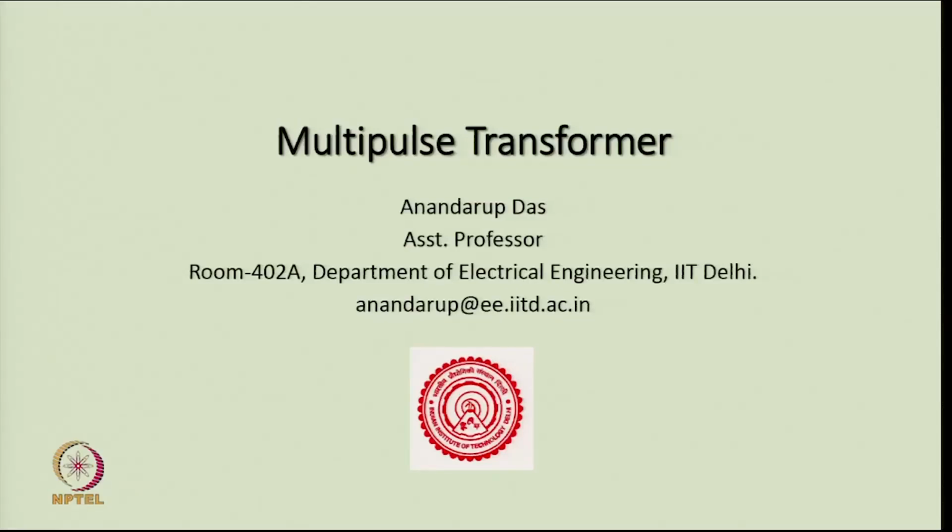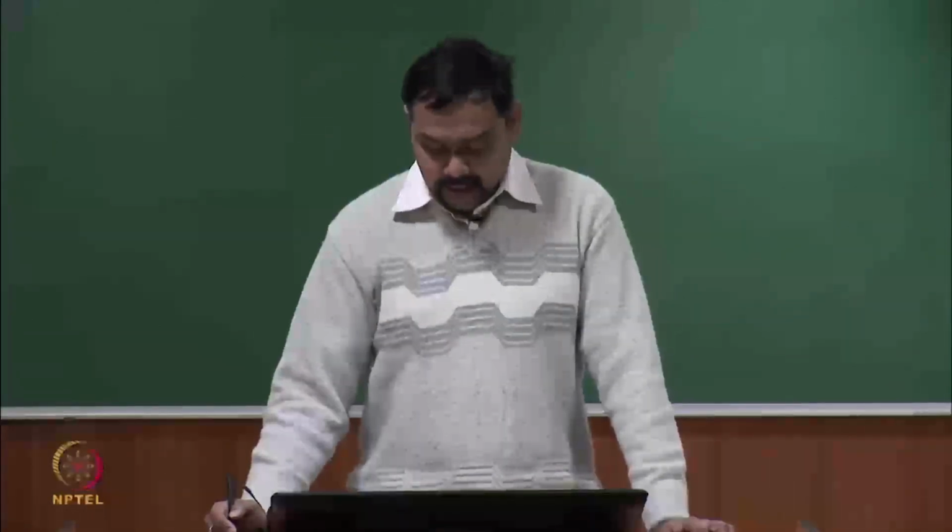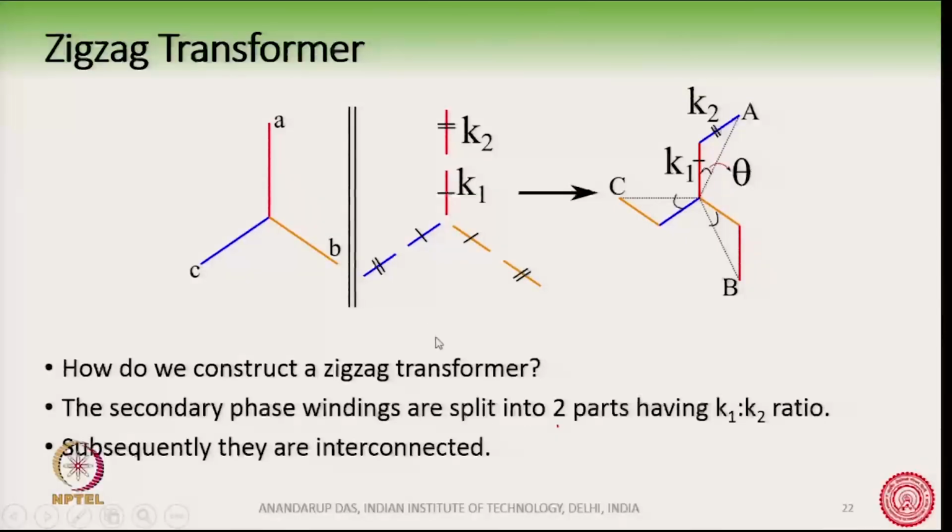Now, here we see the zigzag transformer. Suppose there is a star-connected primary and there is a three-phase secondary, but in this secondary side of the transformer, the windings are split into 2 parts.